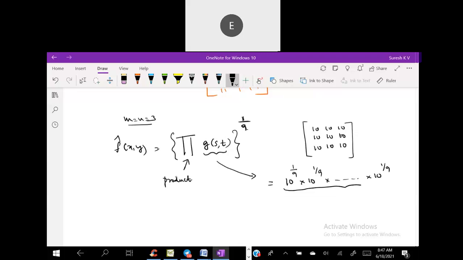Since all the values are the same, and there are 9 such values, as you can see here, what would be the value you will get? 10 to the power of 1 by 9 to the power of 9, which will be equal to 10. So whenever the image is smooth, it copies it as it is.